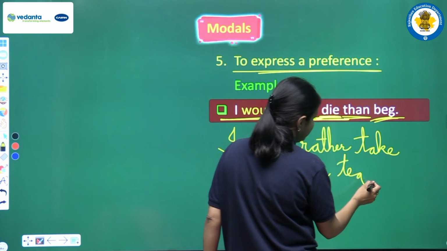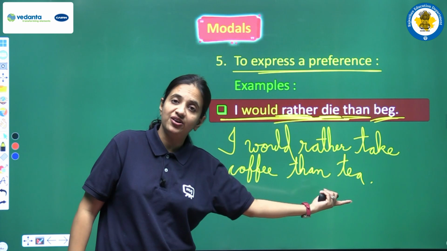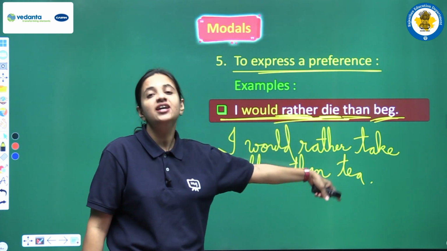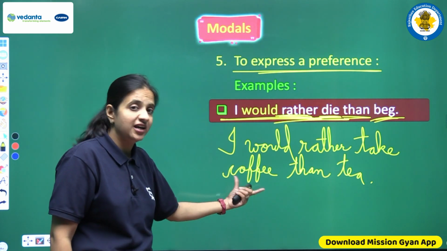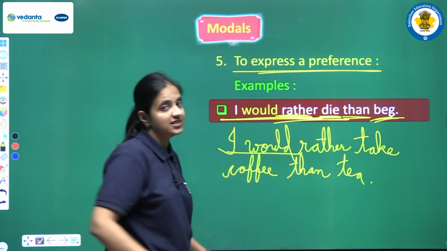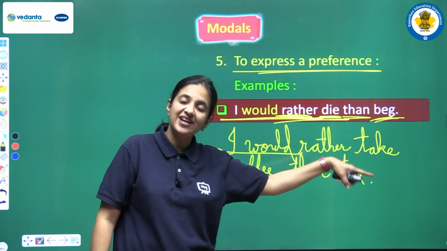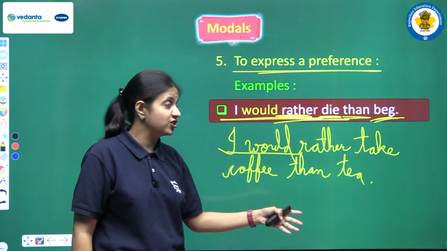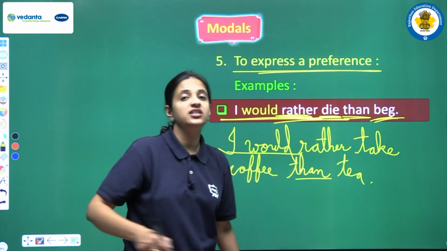So again I have the preference, I have the priority, and I am choosing coffee over tea. I have these two options, to have coffee and to have tea, and I am choosing the first option. I am showing my priority, my preference, and I am making the sentence with the help of would, and the structure is the same. Again I am saying that I would rather take coffee than tea. So in this manner would is used to show preference, and just remember the structure. Always rather will be there with would, and we have to use the word than.